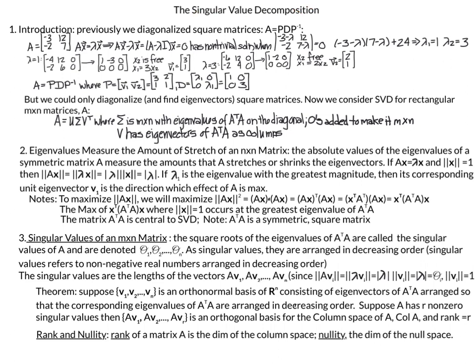And we will start by reviewing diagonalization of a square matrix. That is, when we factor A into the multiplication of 3 matrices, the first one being a matrix of eigenvectors, the second one a diagonal matrix with eigenvalues on the diagonal, and the third being our first matrix inverse.